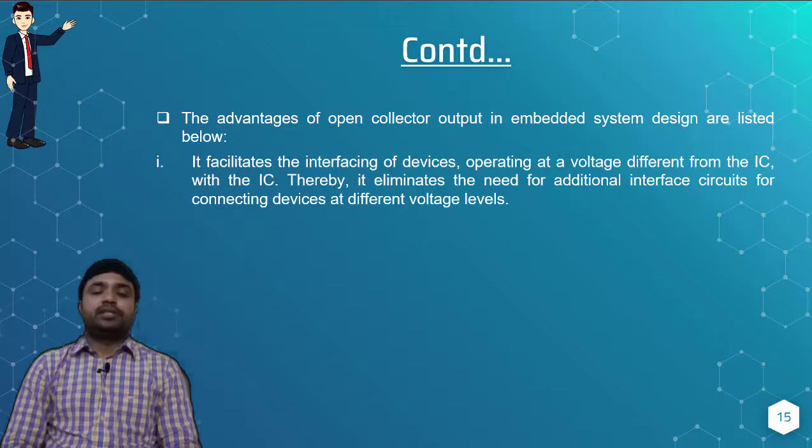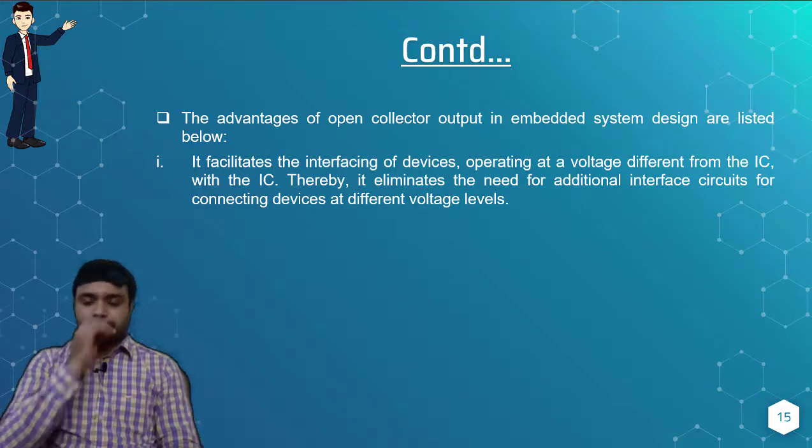We can modify the voltages, or otherwise modify the circuit connections that are going to be operated with different voltages. Automatically, it eliminates the need for additional interface circuits for connecting devices at different voltage levels.